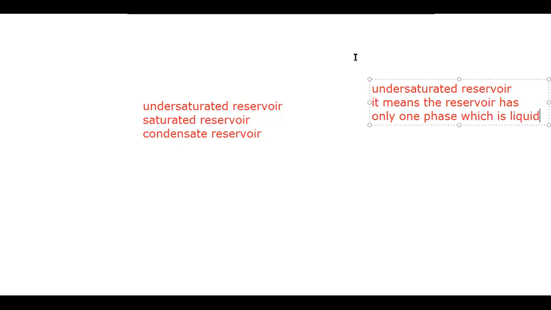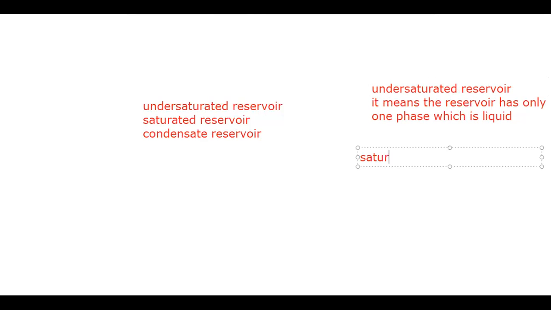Now, where can we find this in the phase diagram? I think I cannot go back to the old one, but I will show you in the previous one. So we have two conditions, as I said: the undersaturated reservoir and the saturated reservoir.